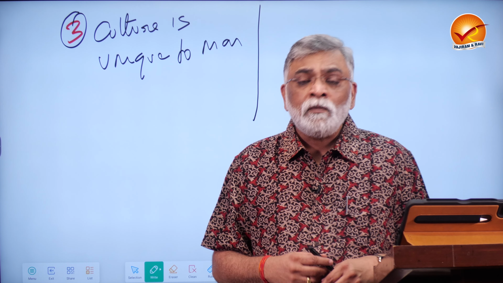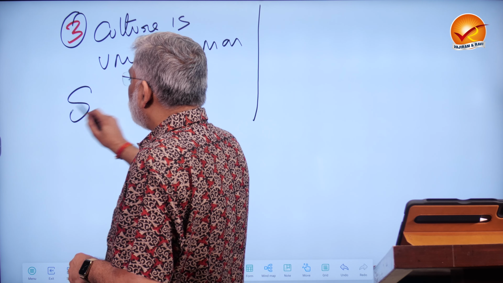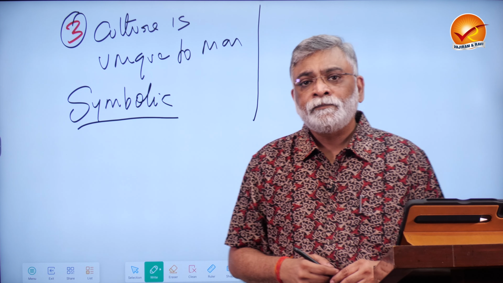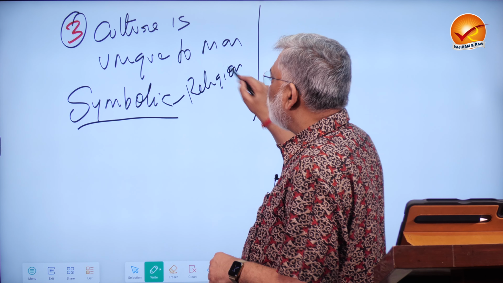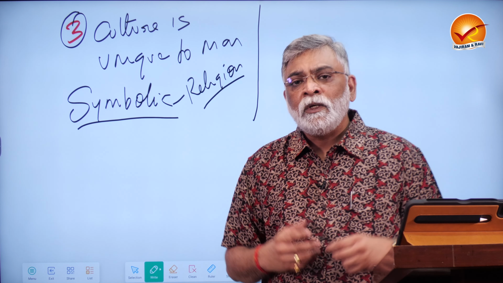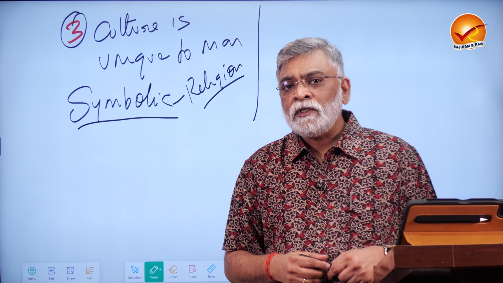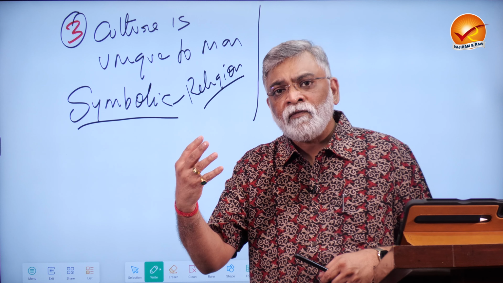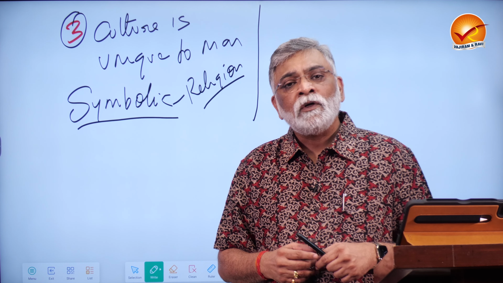But when it comes to the human culture, it is much more sophisticated. For example, our culture has a very important aspect called symbolic behavior. Take, for example, the domain of religion, which is completely symbolic. We create a supernatural world, a sacred world, and in this sacred world we believe there are supernatural forces and powers, the evils, the gods, the deities, and we try to communicate with them again through symbolic rituals and prayers and whatnot.